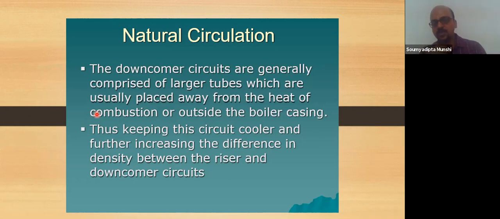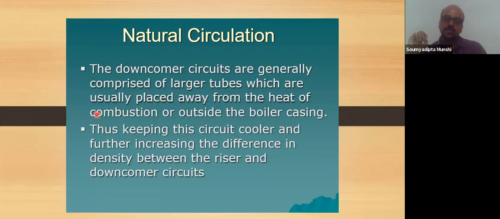Now when the circulation is in process, after this mixture goes to the drum, water comes from the downcomer to the generating tube. That means the temperature of the water is less than the previous one. It also helps us to secure the saturation temperature of the generating tubes.